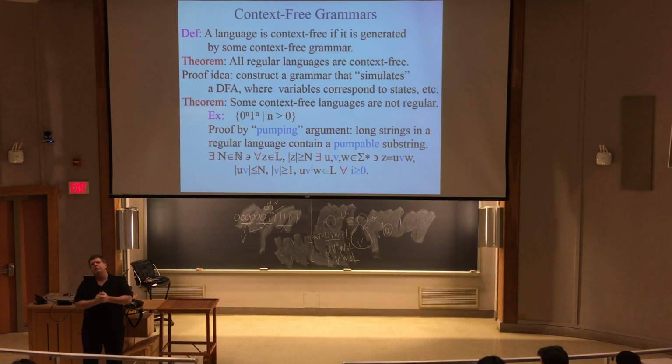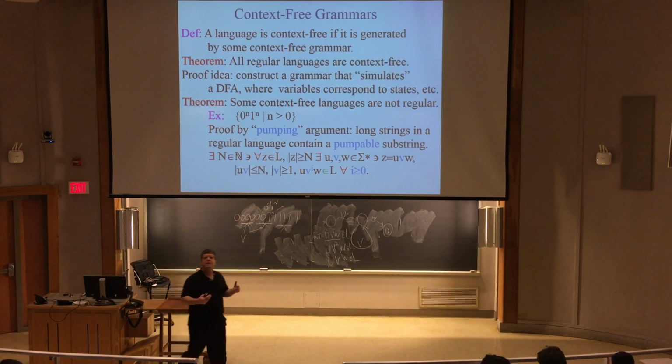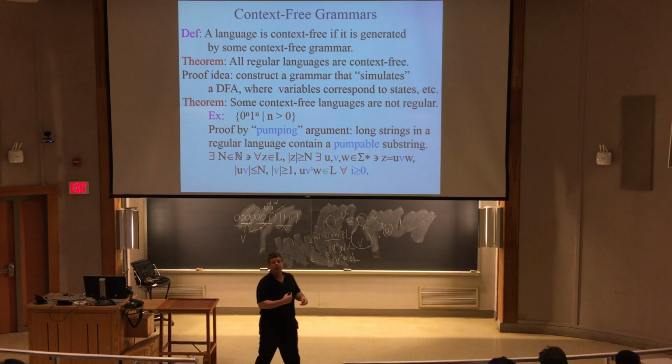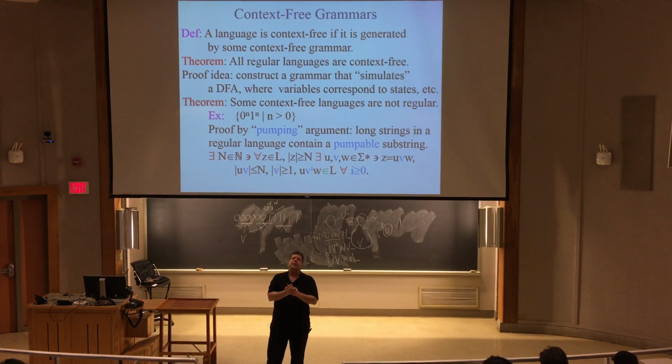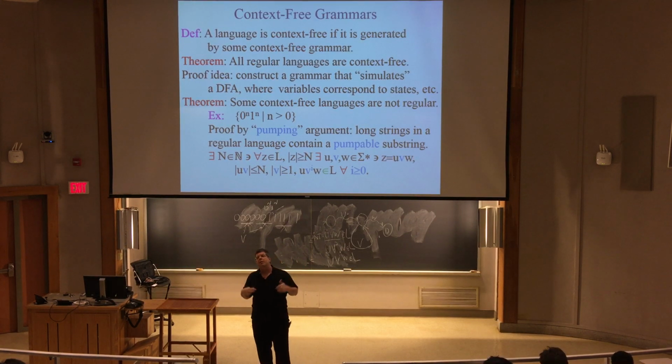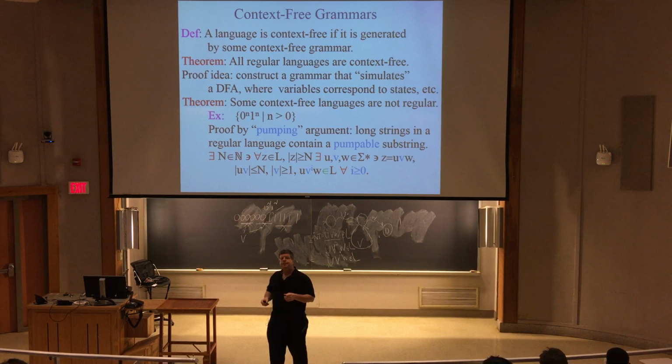It's a little tricky to wrap your mind around so many nestings of universal and existential quantifier alternations, but all this says is what we just said the last 10 minutes. That when you have a finite automata that's supposedly recognizing a string, if it's long enough, it must cycle. Pigeonhole principle, right? If it cycles, take that cycle, and you can pump it either up or down, and you might still be in the language. And that's what this says.